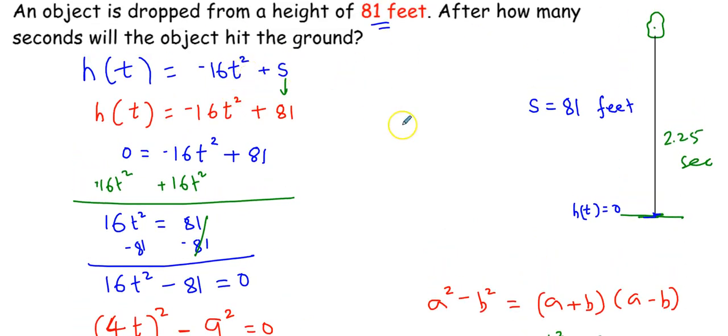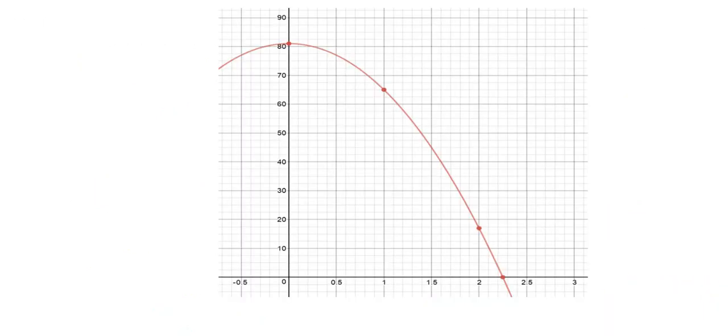h of t is equal to negative 16t square plus 81. Let me show it to you. See the height, and initially this was the height. For 0 seconds, the height was 80 plus 1, sorry, it's 81. That's what we have there, 81. And after 1 second, it will reach up to this.